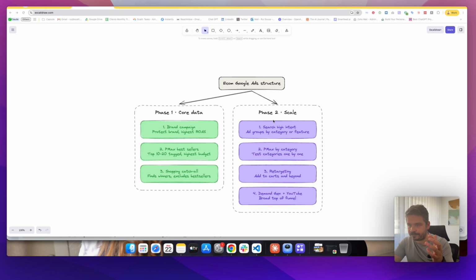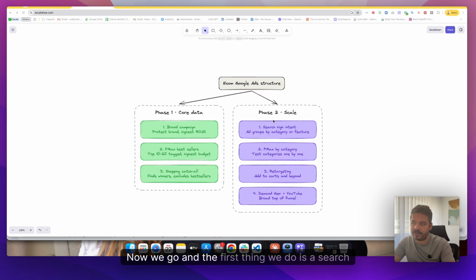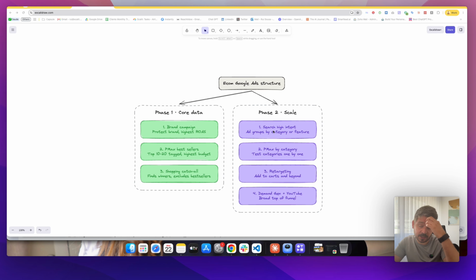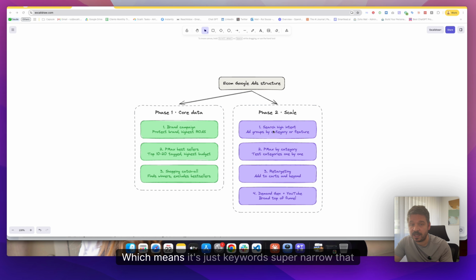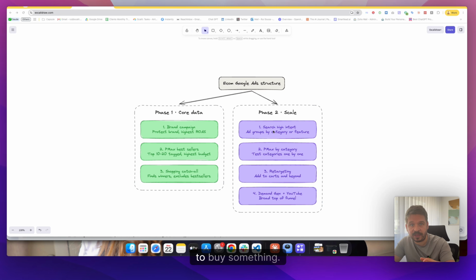We can do whatever animal you have in the store, materials as well, type of beds, or whatever your store is selling. Now the first thing we do is a search intent campaign, which is basically a campaign in search, so just people searching for keywords, and it's a super high intent search campaign, which means it's just keywords, super narrow, that we know people are searching for and are willing to buy something.